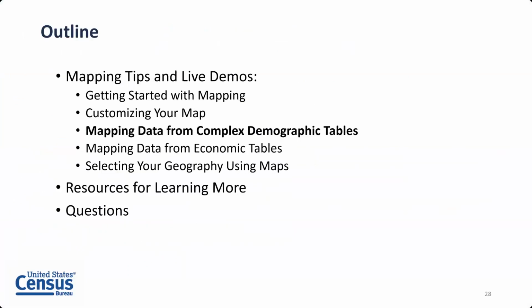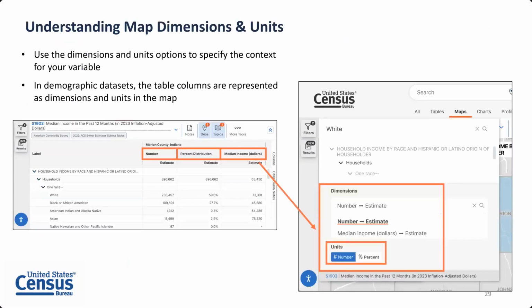All right, moving on, we're going to now look at a data table that's a little bit more complex. So here we're going to pay attention to not only the map variable, but also the dimension. So in terms of demographic tables, the dimensions will be different columns of the table.